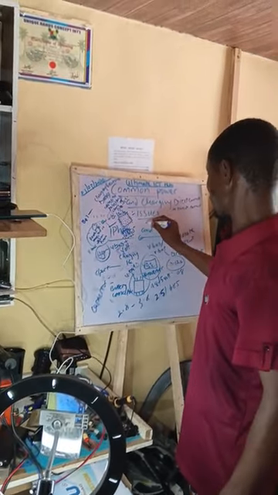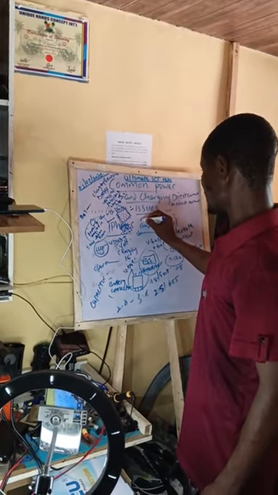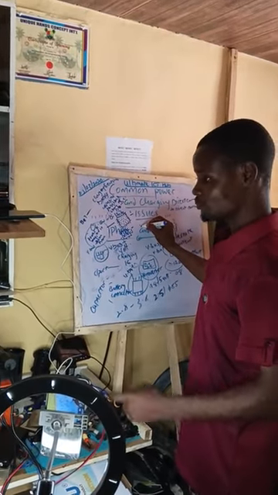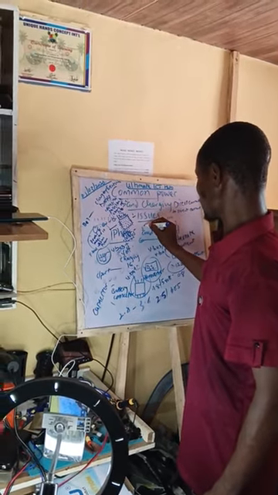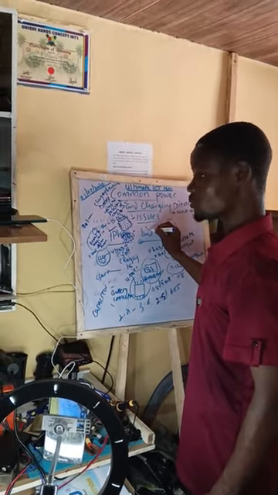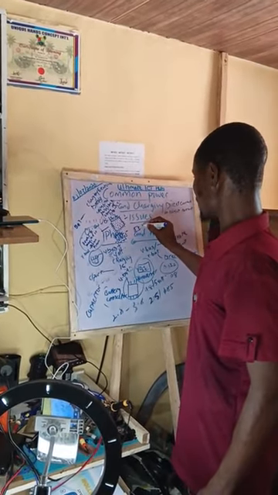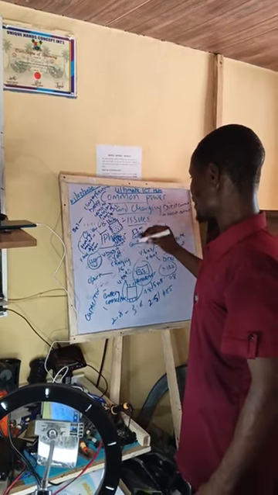Then here we have the charging filter. Yes, 1, 2, 3 now. We have a resistor around here. How many K resistor? 10 K, I mean.